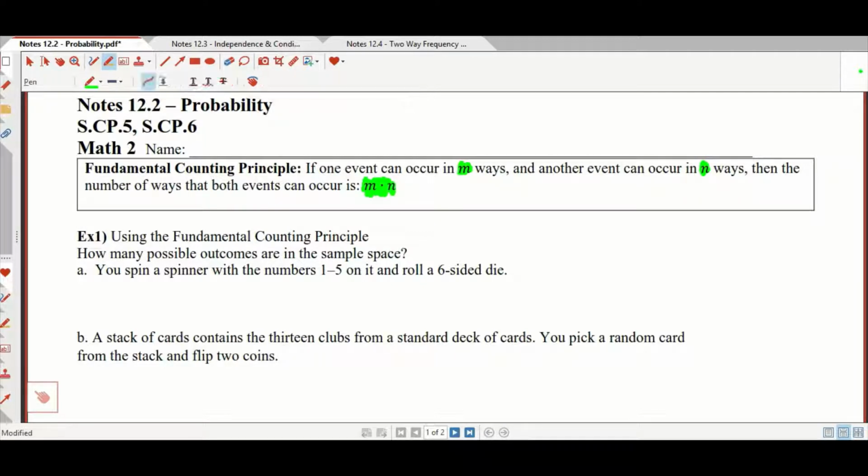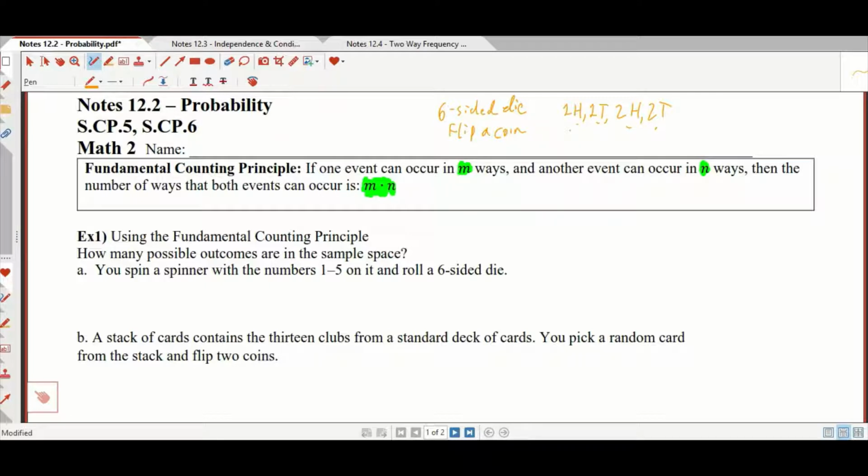Perhaps you remember this. It's kind of like if you roll a six-sided die and flip a coin, like we did in our last lesson, you probably noticed that if I have one and a heads, one and a tails, two and a heads, two and a tails, I'm really just doubling each outcome for my six-sided die.